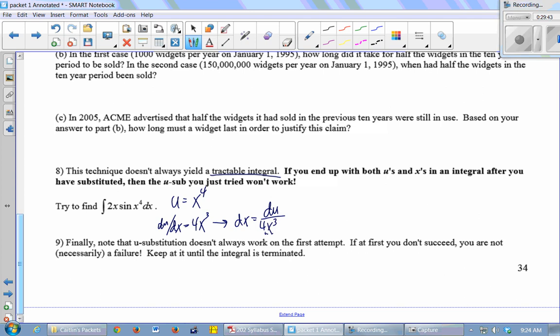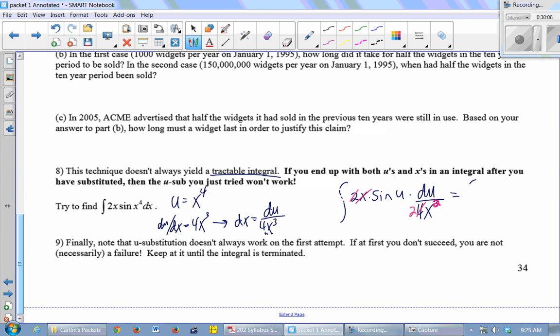So when I make my substitution, I get the integral of 2x times the sine of u times dx, which is du over 4x cubed, and 2 cancels with the 4, and x cancels with my x cubed, and that becomes an x squared.